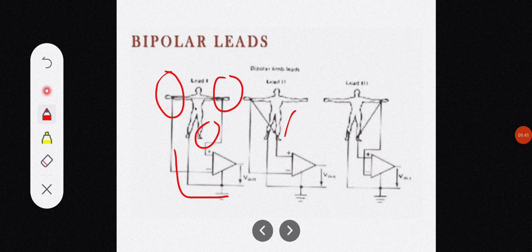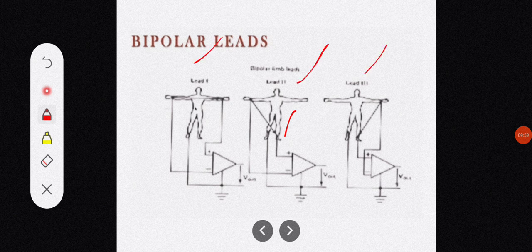Now the 3 bipolar limb lead selections first introduced by Einthoven are shown here: lead 1, lead 2 and lead 3. These are the three combinations. Lead 1 is between the left arm and the right arm.